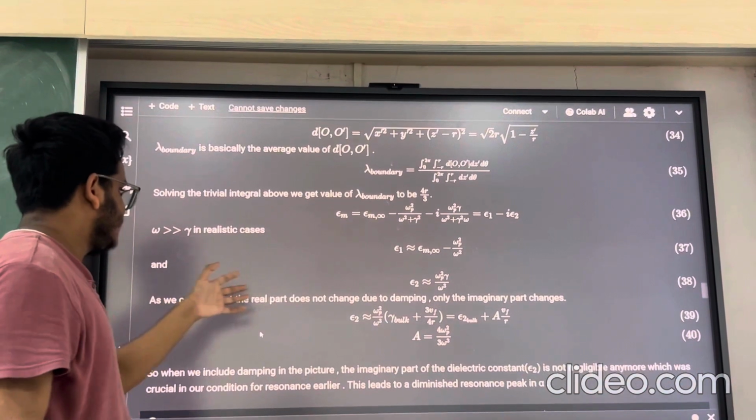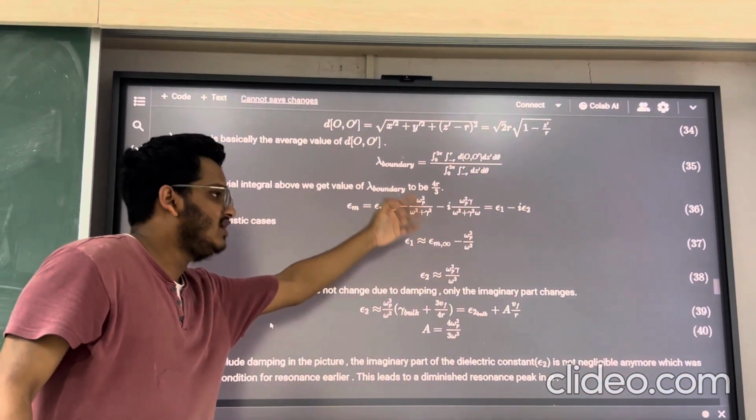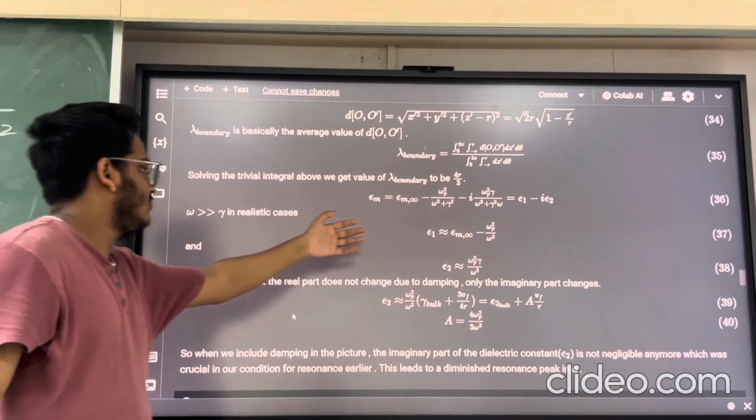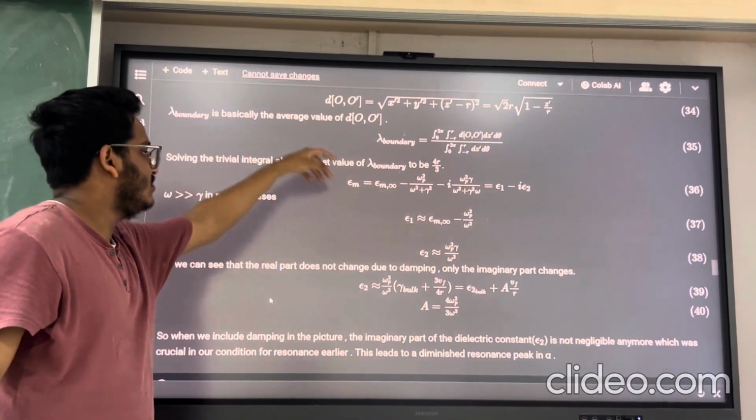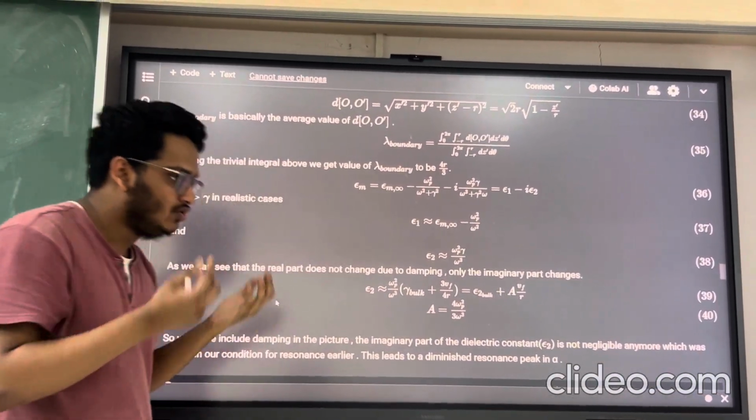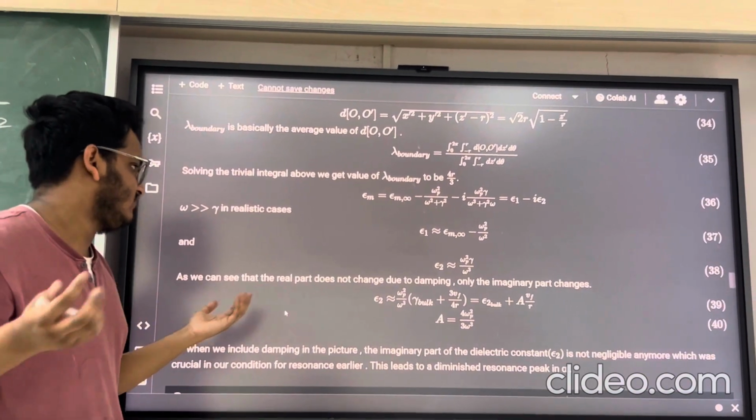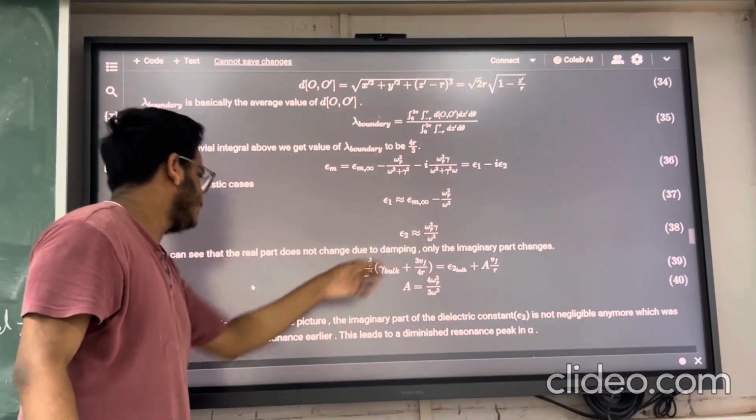So as we can see, the real part doesn't contain any gamma factor, which we changed earlier. So the real part would not change due to the surface collision effect. Only the imaginary part will change.